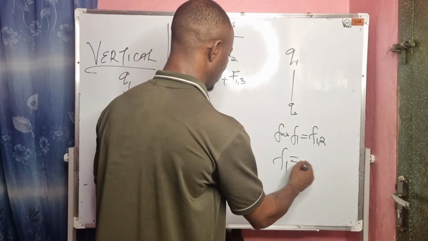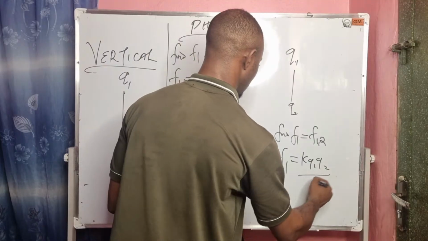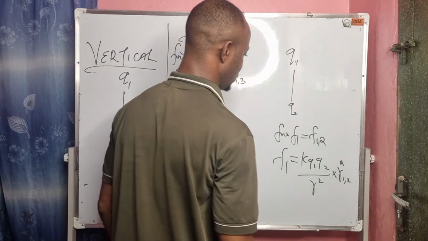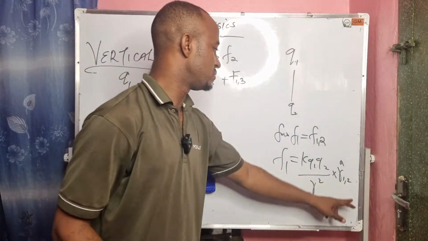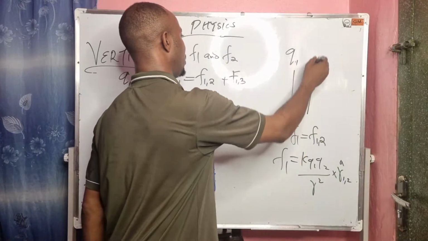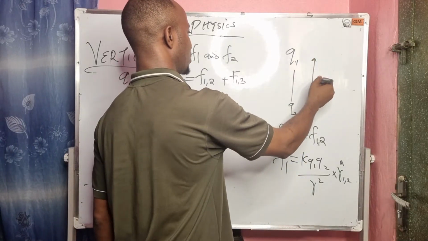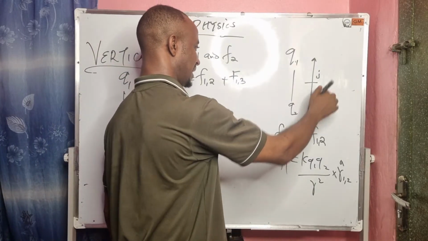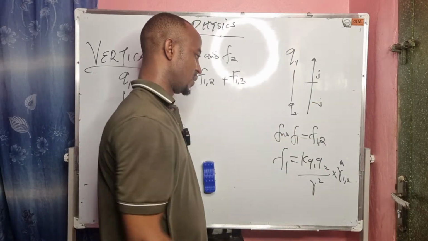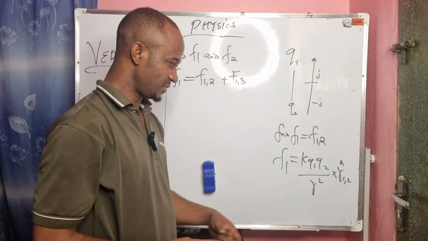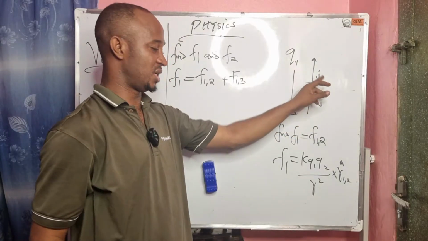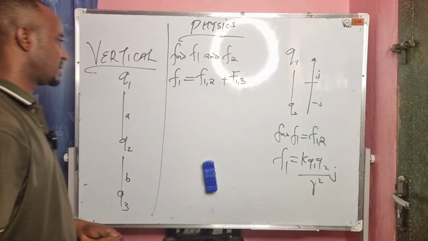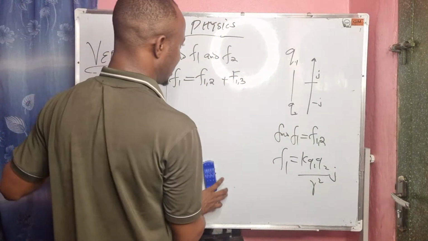F1,2 is K Q1 Q2 over r squared times the unit vector of 1,2. And 1,2 means from 2 to 1, meaning I'm going upward, and upward means positive J. Downward means negative J. So the direction of action from 2 to 1 is plus J. Is that clear?